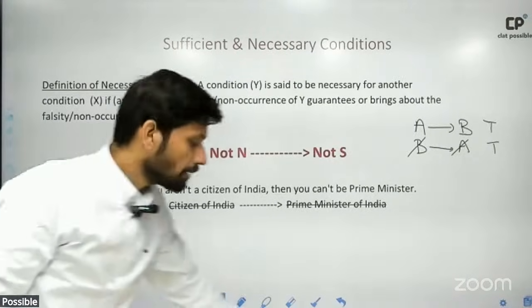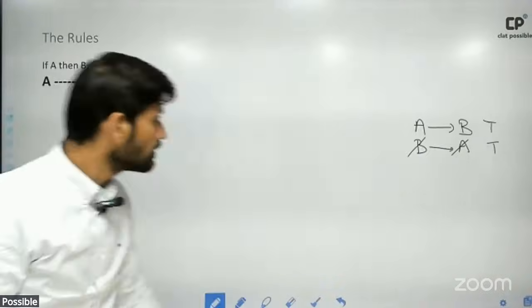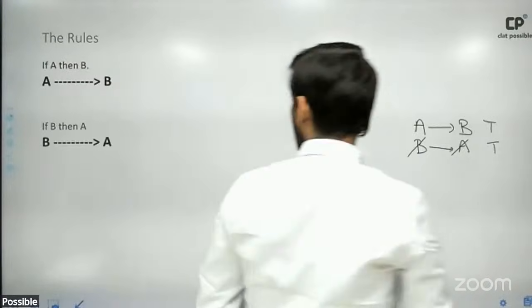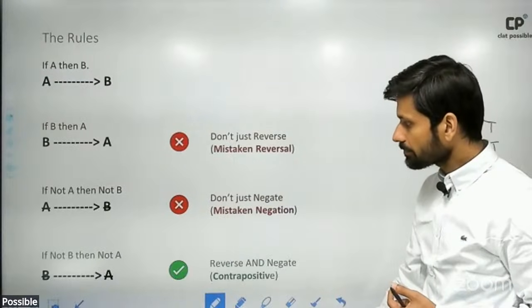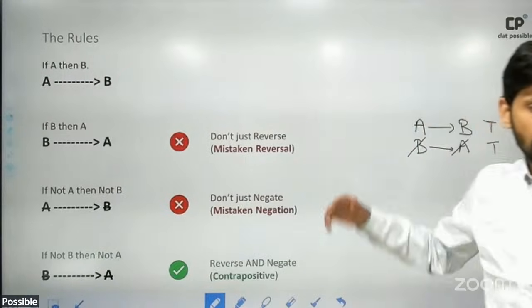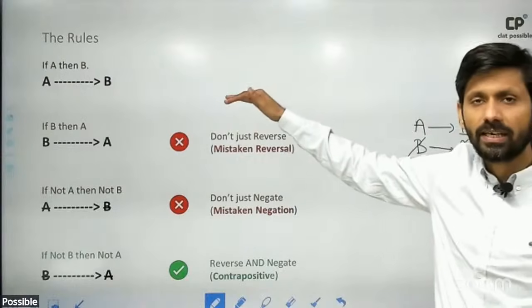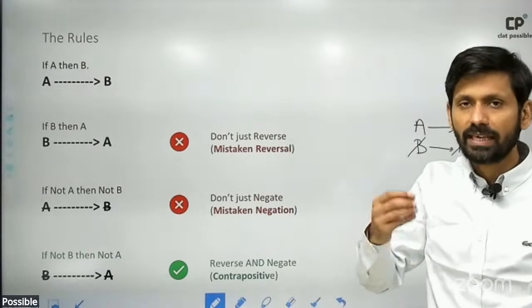Okay, some of the other rules here. Again, very quickly, अगर हमें दिया है A then B, that is the given statement, that is where we start.